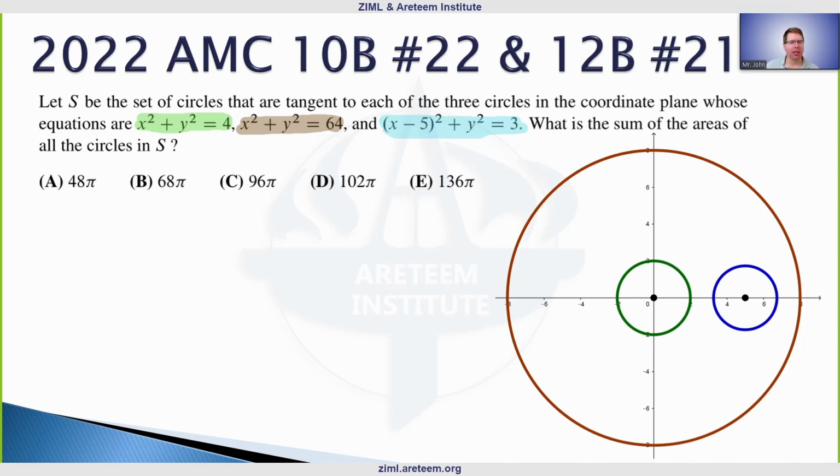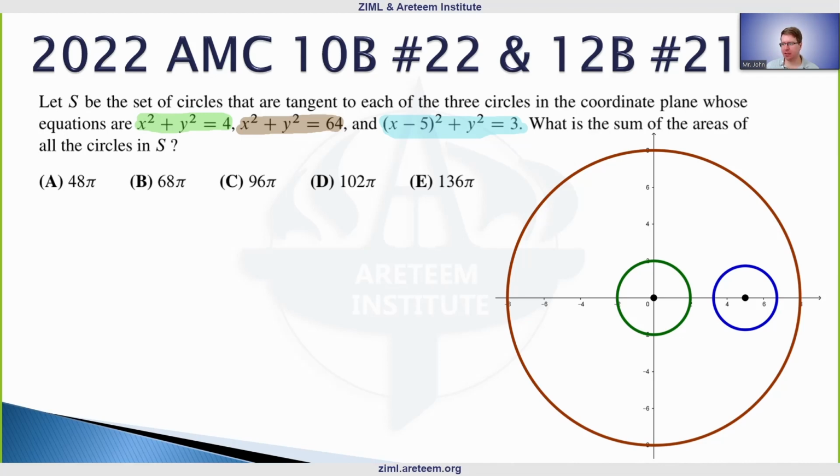It's pretty easy to see that if we have a circle tangent on the outside of the big circle, this is definitely not going to work in that case. So we have internally tangent to the large circle.